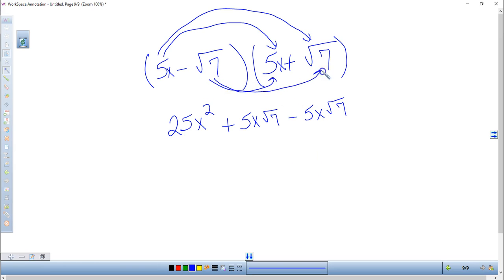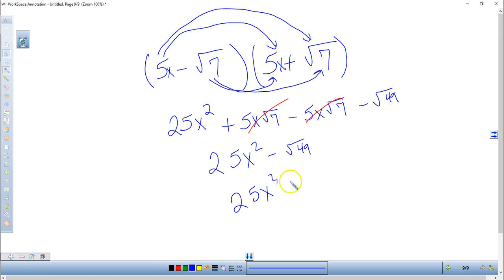And negative root 7 multiplied by root 7 is negative root 49. Well, right here in the middle, positive 5x root 7, negative 5x root 7, those cancel off. So I've got 25x squared and negative 49 under the radical. Radical 49 is just 7.